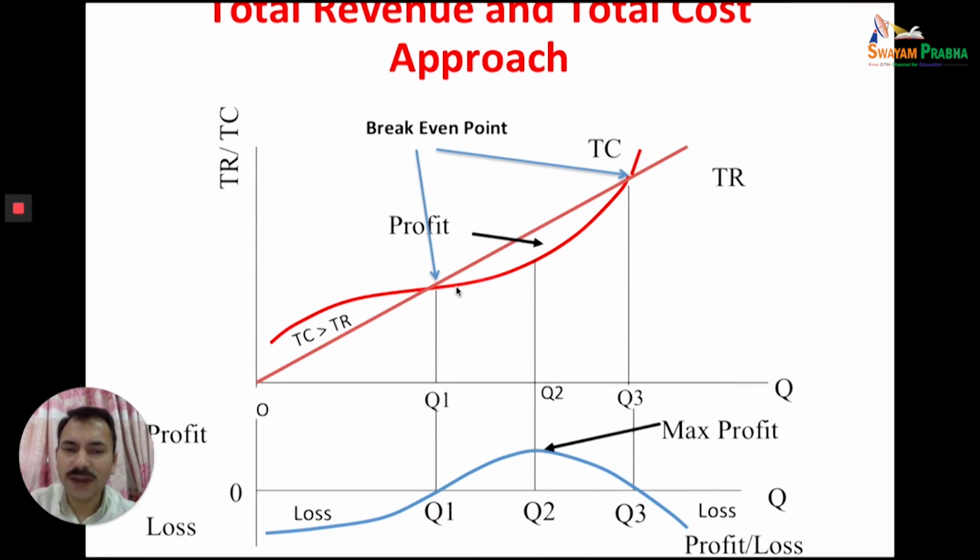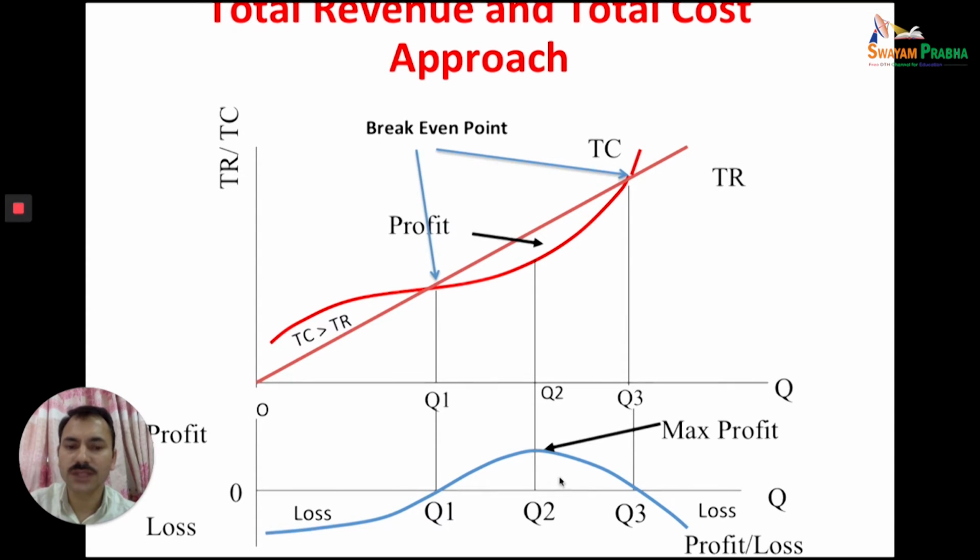But after this point, the total cost starts decreasing, while total revenue is still increasing up to here. So this is the part where, when the firm is able to produce OQ2 quantity, the firm will avail maximum profit.